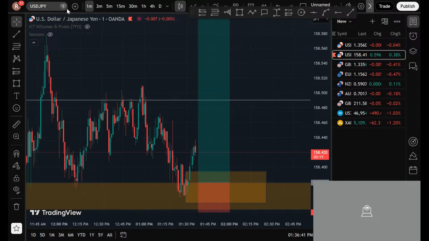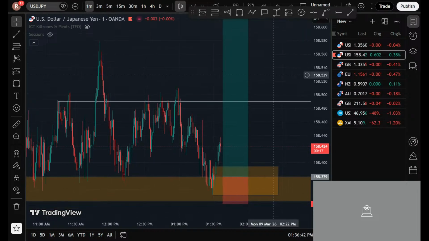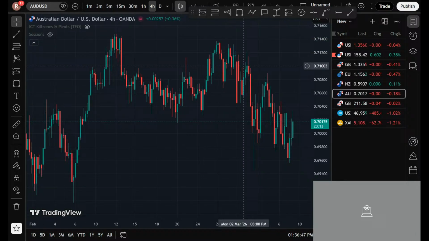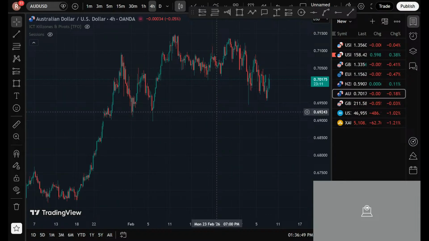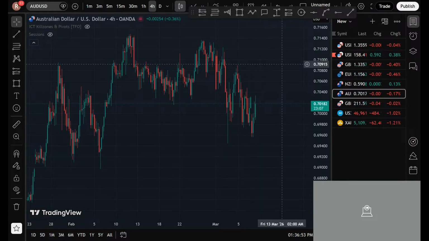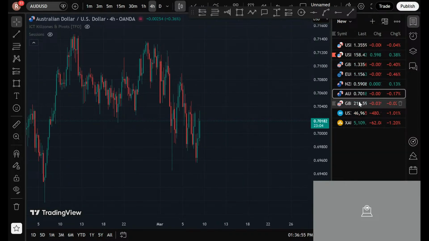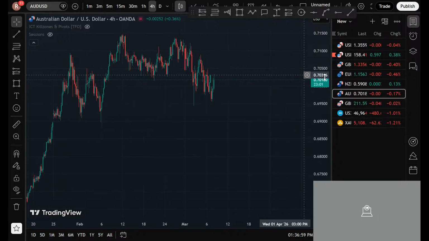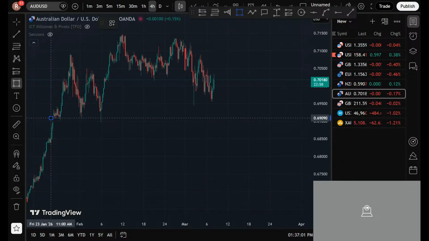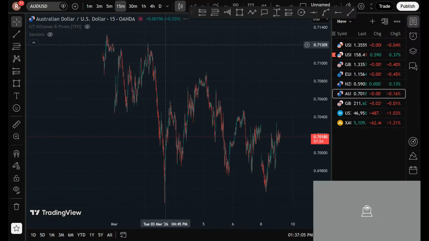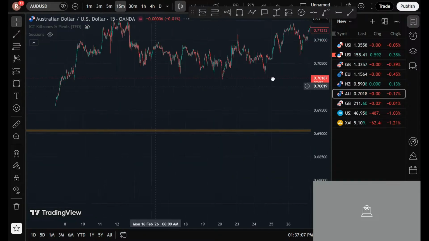USD JPY. AUD USD. On the 4 hour, I can see some kind of bearishness, but still we are at support, and the selling pressure is not too strong. That means at any point you can get a breakthrough above. If you want to swing trade, you can simply buy from this area if you find any buying area over here.